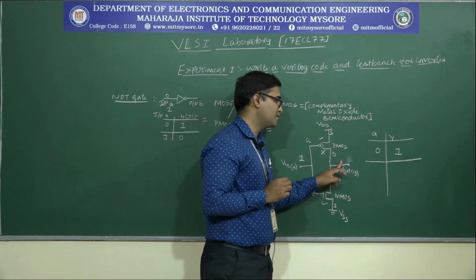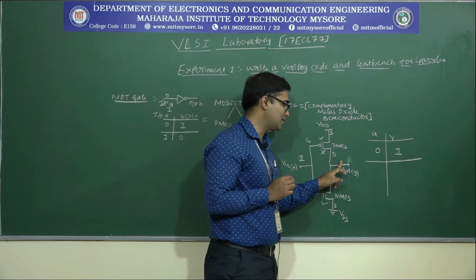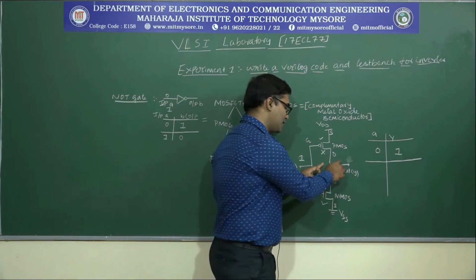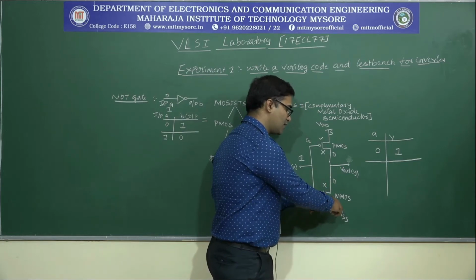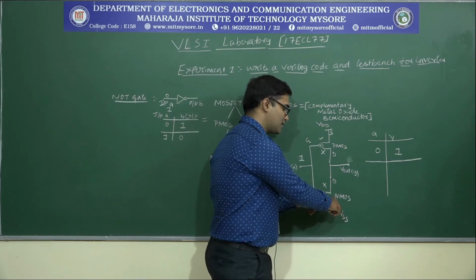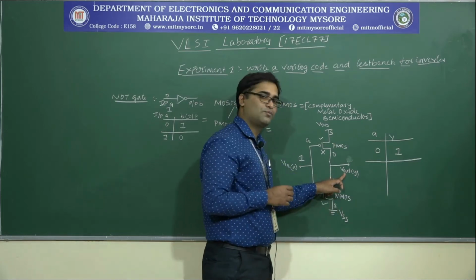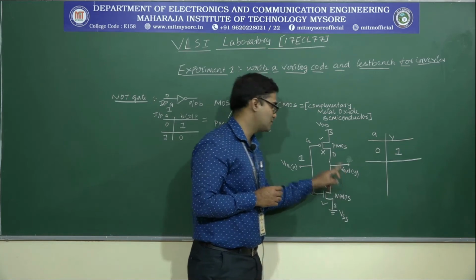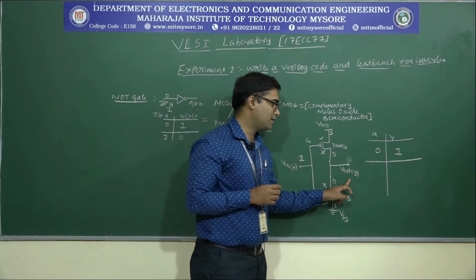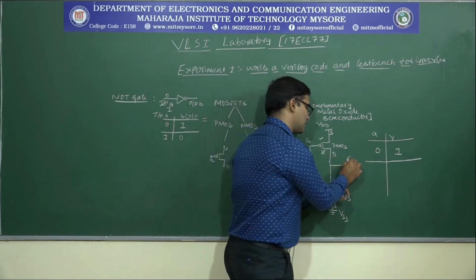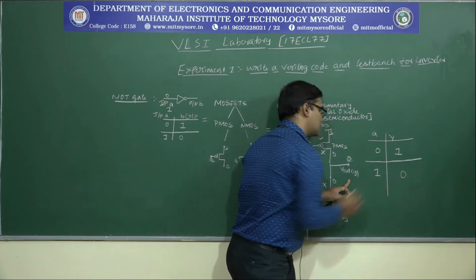Whatever voltage is present at the output, which we said is a digital logic 1, is sourced through the NMOS to the ground, where the NMOS is a closed switch, and then the output would be 0. Suppose the input is 1, then the output is 0. So input is 1, then the output is 0.